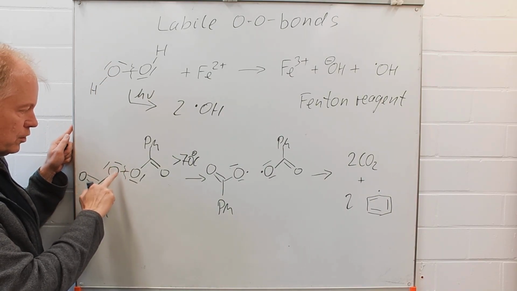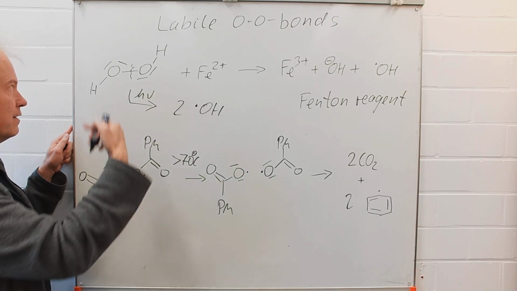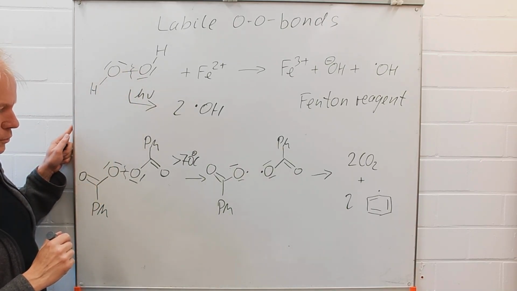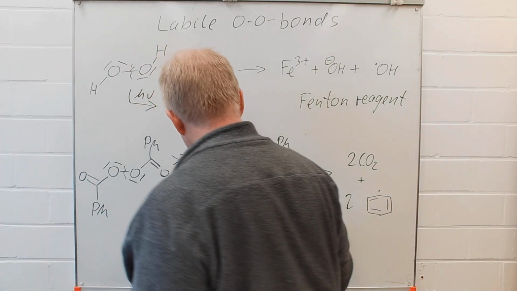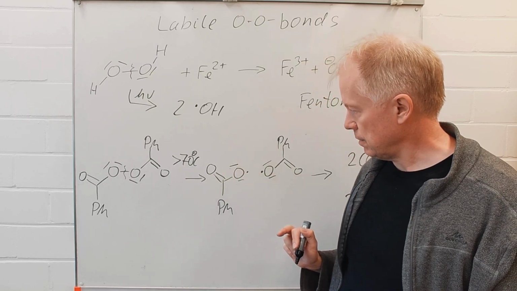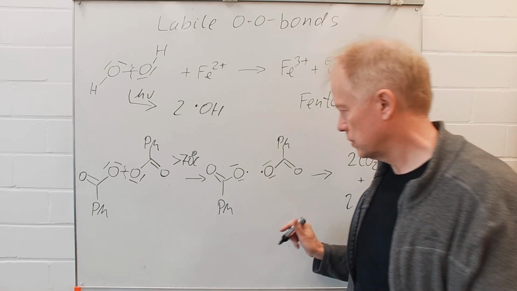This oxygen-oxygen bond is even more labile than the one in the hydrogen peroxide, because these radicals are mesomerically stabilized.